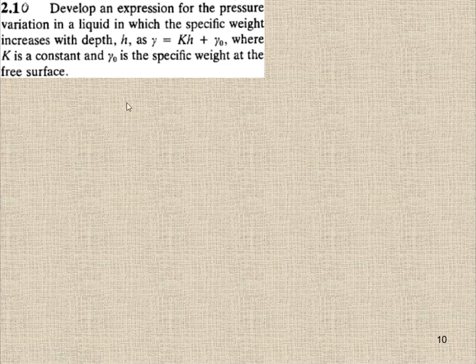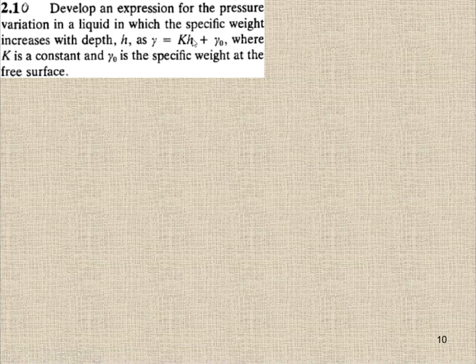Develop an expression for the pressure variation in a liquid in which the specific weight increases with depth. That means the density of the fluid is varying with respect to height. We have discussed 4 or 5 cases during the derivation of the hydrostatic equation of the fluid, and this is one of the cases.